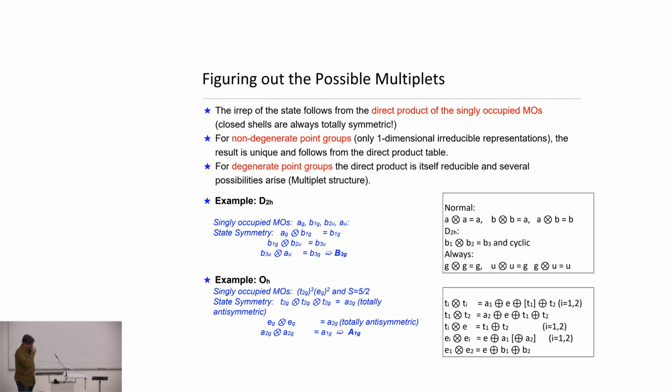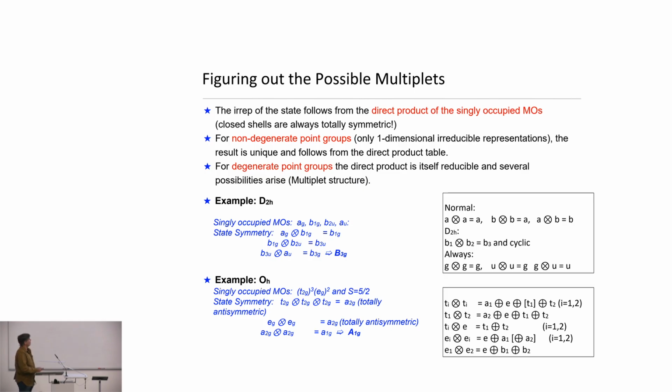Let me give you just briefly, I don't want to go through that in great detail, but when you want to figure out the symmetry of the state, then you have to take the direct product. And that is very simple as long as you are in an abelian point group. Abelian point groups are those that don't have degenerate irreducible representations, because then the direct product of two irreps is always another irrep.